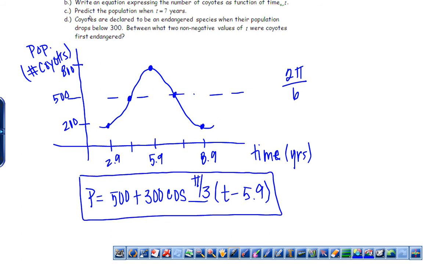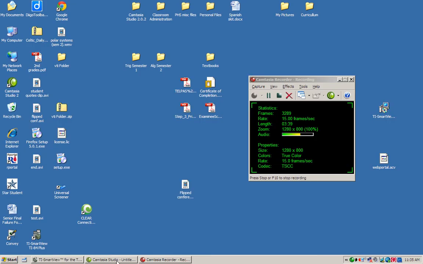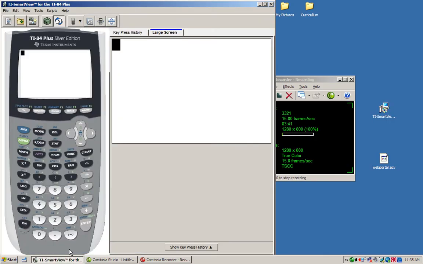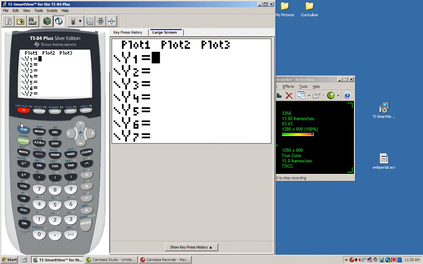Now C says predict the population when t equals 7 years. Okay, so let's go to our calculator now. To y equals, and let's plug in our equation. This is going to be 500 plus 300 cosine of pi divided by 3 times x minus 5.9, and close our parentheses.